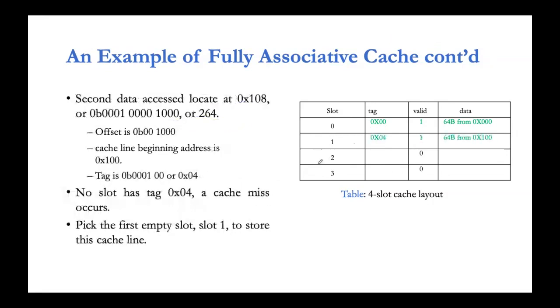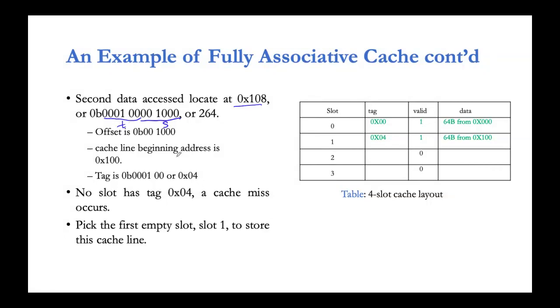Next, the second data access is located at 108. Its binary equivalent is this one. The last 6 bits are the S bits, and the first 6 bits are your tag bits.